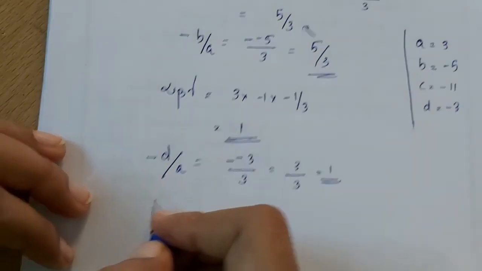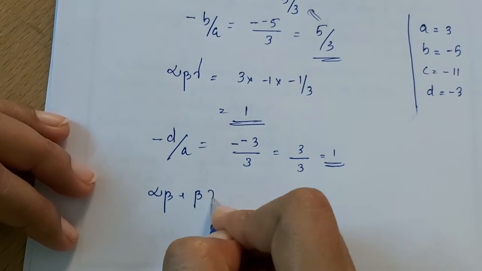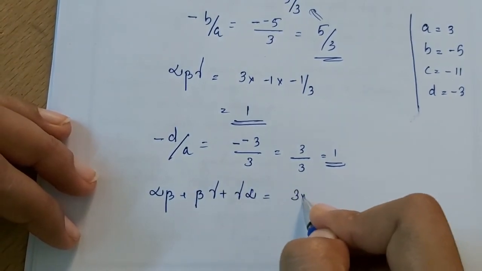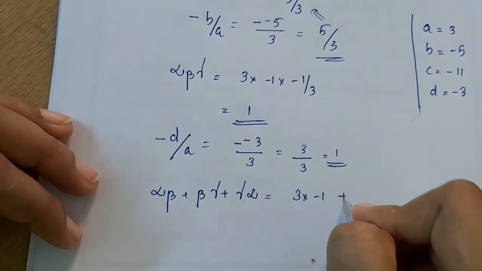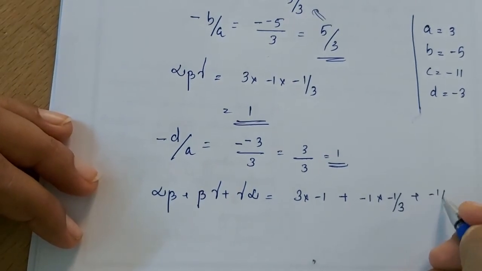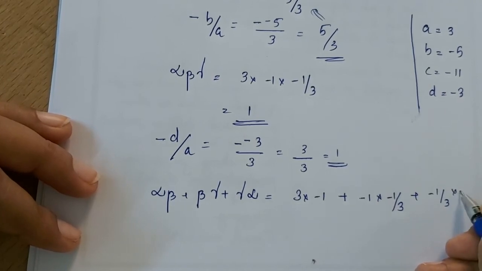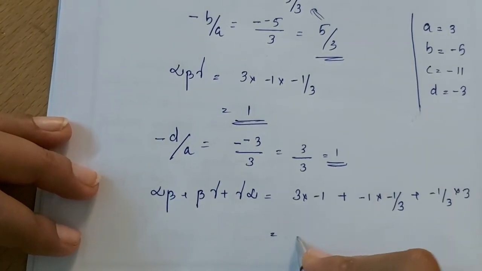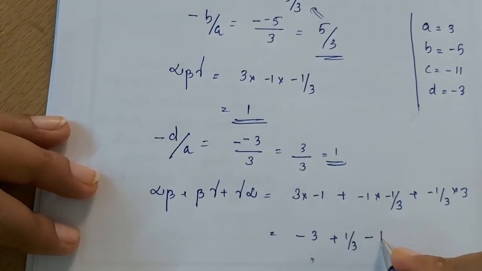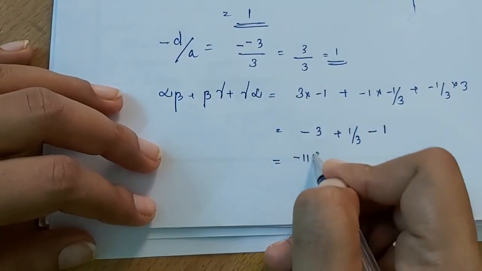And the last case, alpha beta plus beta gamma plus gamma alpha is equal to 3 into minus 1 plus minus 1 into minus 1 by 3 plus minus 1 by 3 into 3, which is equal to minus 3 plus 1 by 3 minus 1, which is equal to minus 11 by 3.